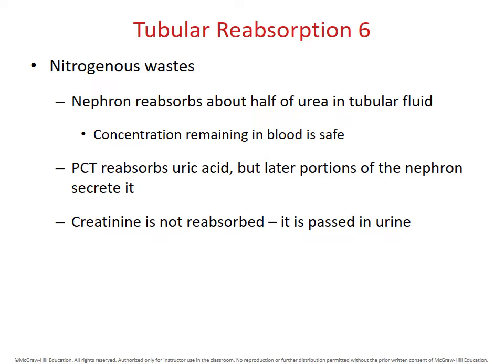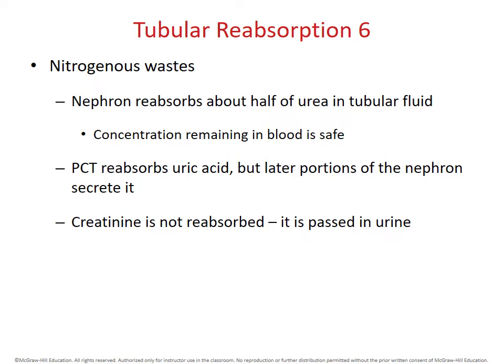We do reabsorb some uric acid back into the blood, but uric acid is a bit more toxic than urea, and so most of what we reabsorb at the proximal convoluted tubule, we just secrete it later in the nephron.